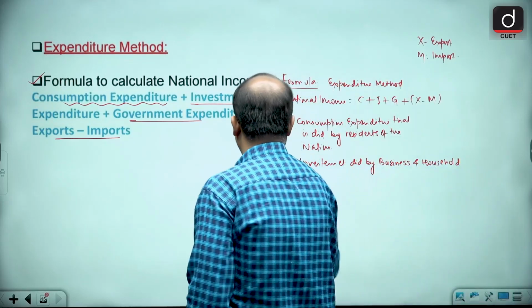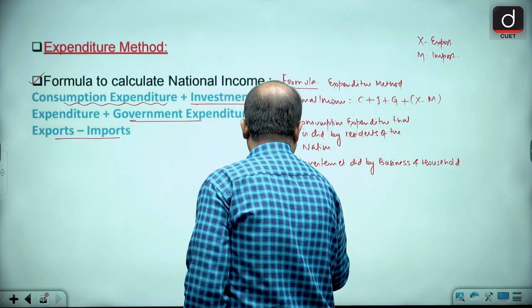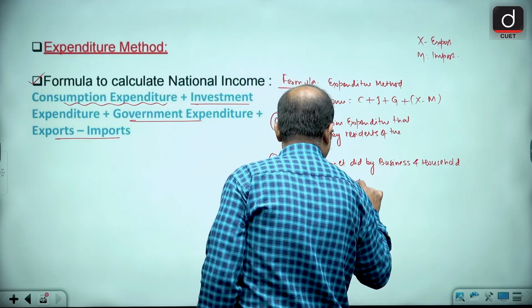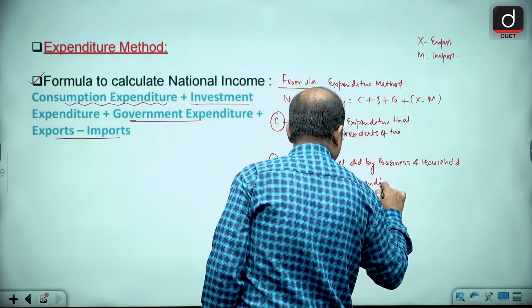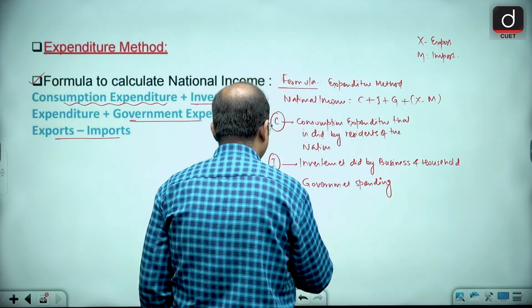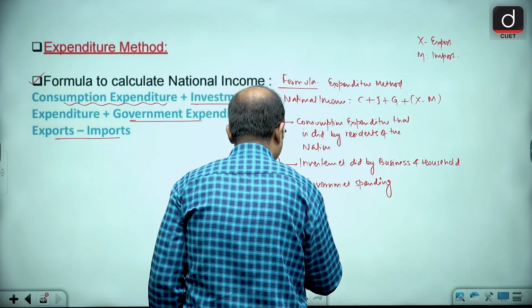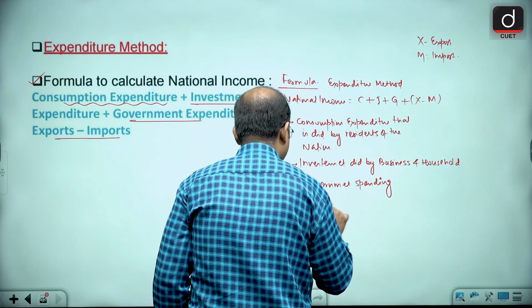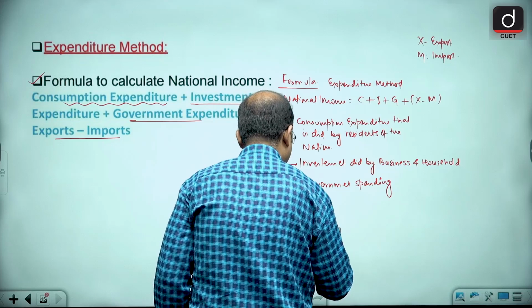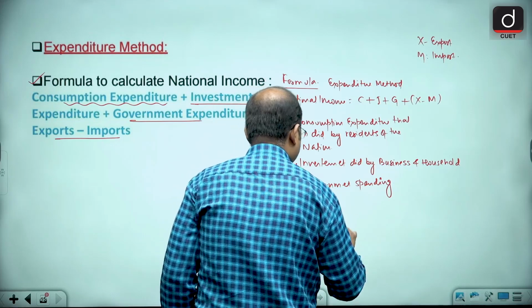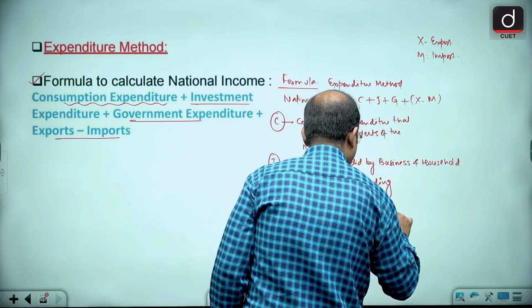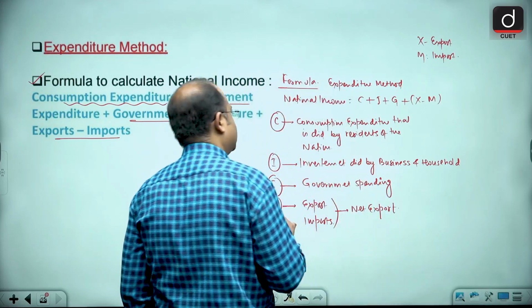Then we have G, that is government spending. And then we have X for exports and M for imports, so that is net export.